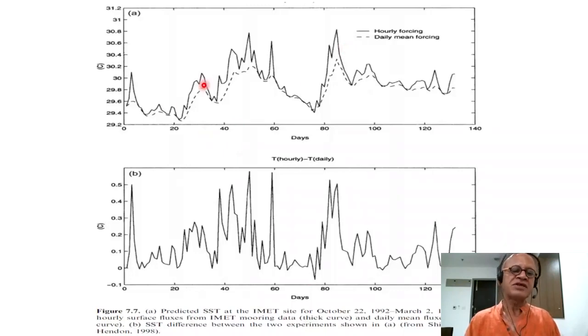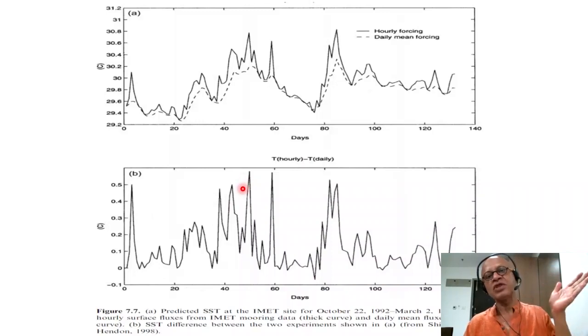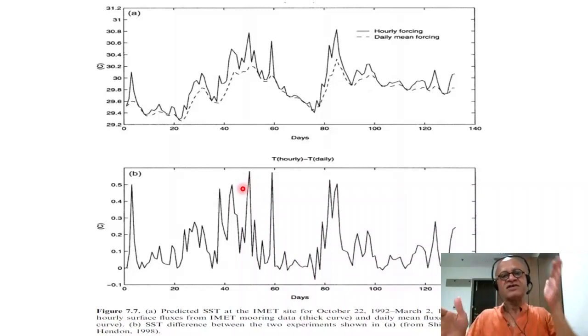So the point is that if you look at the hourly forcing and daily mean forcing sea surface temperatures, hourly forcings capture the variations better. These are in days, and the smoothing of the fluxes obviously smooths out the sea surface temperature variance and variability, and the differences are not small. They are of the order of the sea surface temperatures associated with the difference between the clear phase and the convective phase of the MJOs.